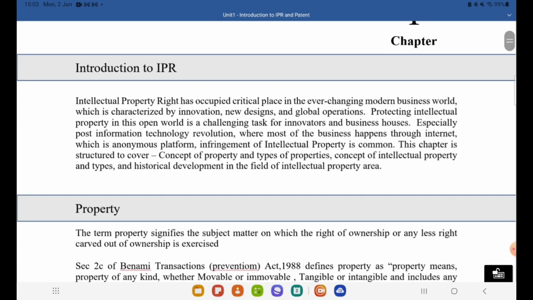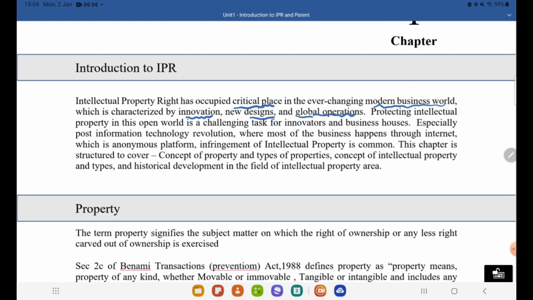As I stated earlier, IPR has occupied a critical place in the ever-changing modern business world. The current modern business world is characterized by innovation, new design, and global operations. Every customer every day looks for new designs, new innovations, new innovative technology products, and businesses are not restricted to local areas.